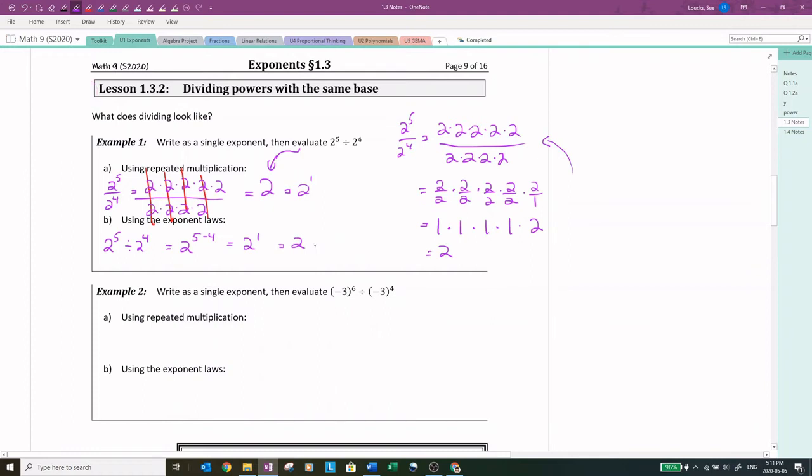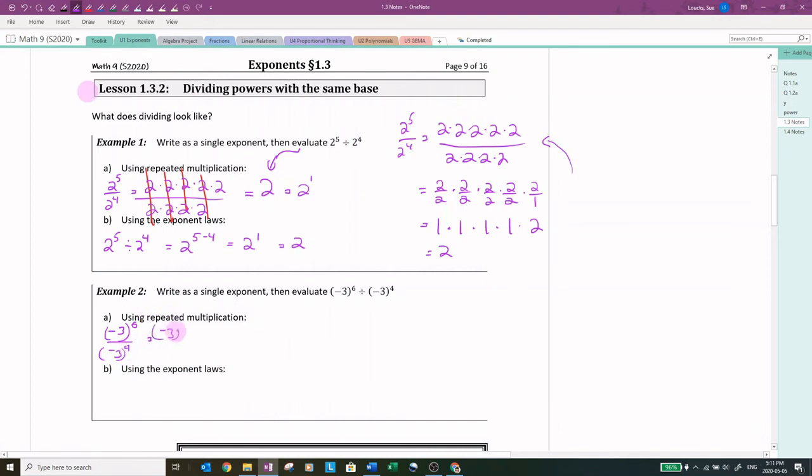I think it was. Okay, let's do an example using negative bases. So I have (negative 3) in brackets to the 6 divided by (negative 3) in brackets to the power of 4.